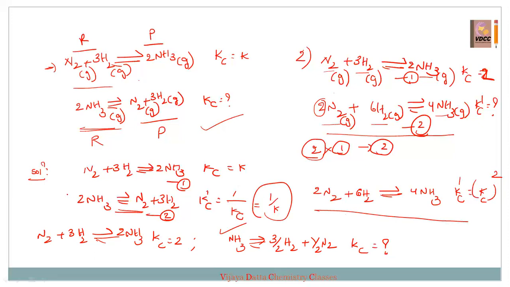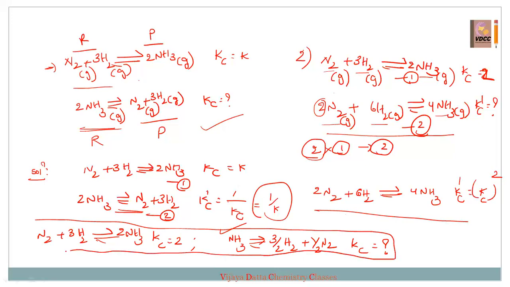First of all, for this problem, what you have to remember is, you have to identify the differences between the first reaction and the second reaction. Got it? First reaction product is the reactant of the second reaction.